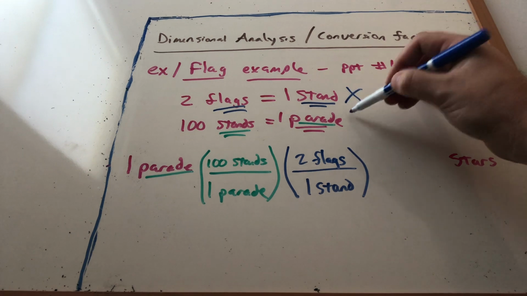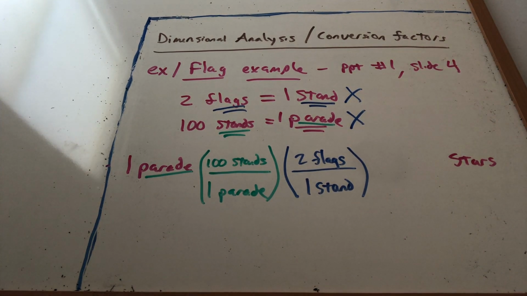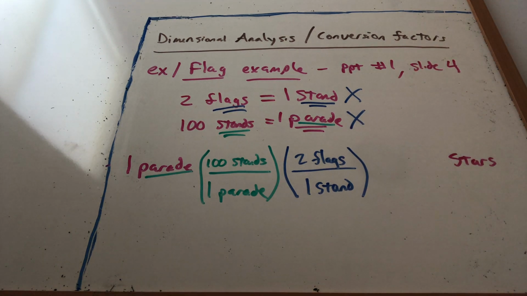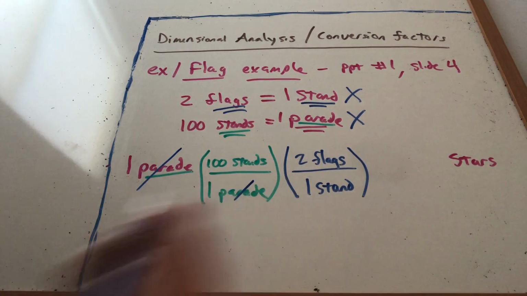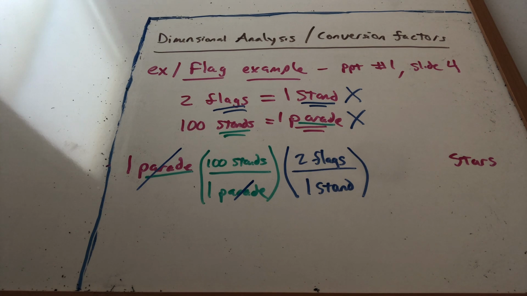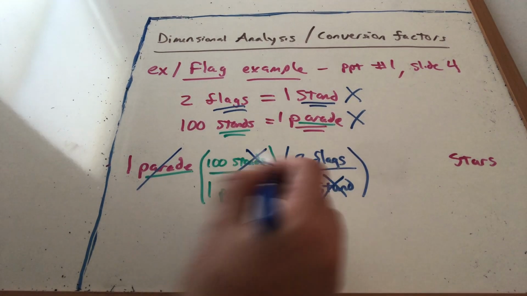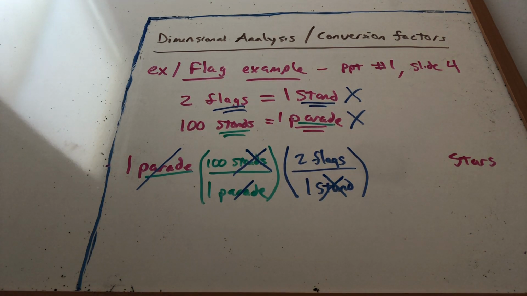So I used my information that's given in the problem at this point. But am I at my final goal yet? Well, no. I can see that parade is gone, because they cancel, because one's in the numerator, one's in the denominator. I can see that stands is gone, because one's in the numerator, one's in the denominator.